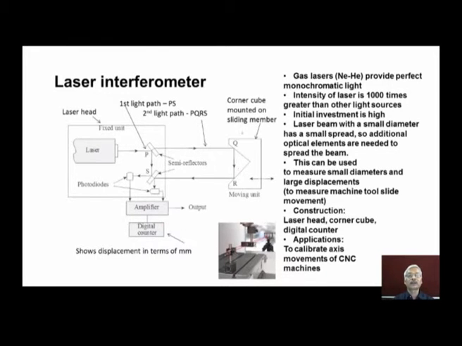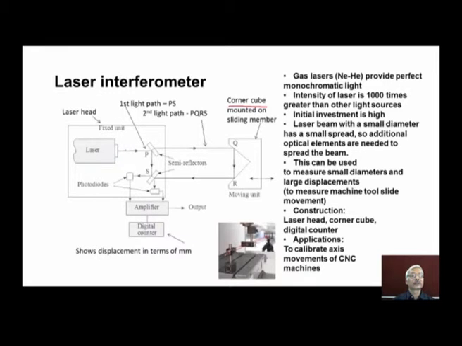The corner cube is the moving part of the laser interferometer, which is mounted on the sliding member of the machine tool. We can see here the light ray which falls on the corner cube, it gets deflected by 180 degree. Now coming to the laser head, it has the HE laser source.